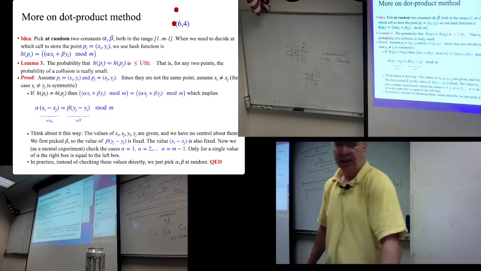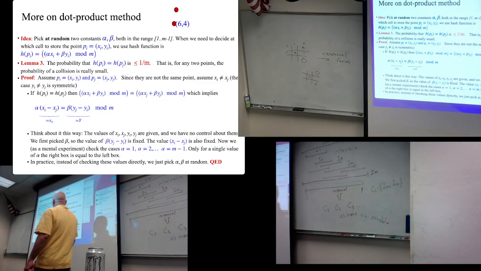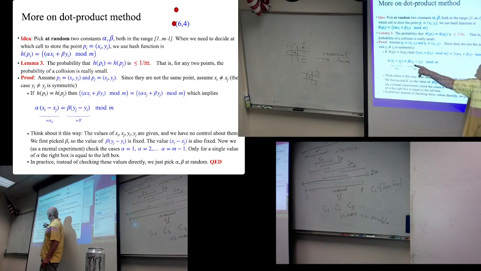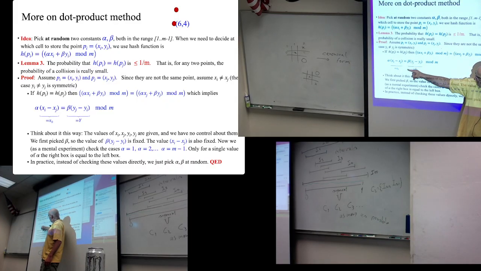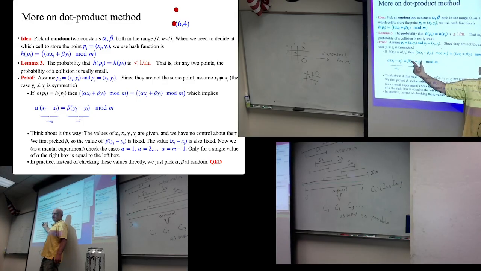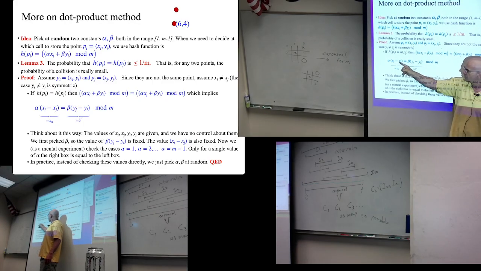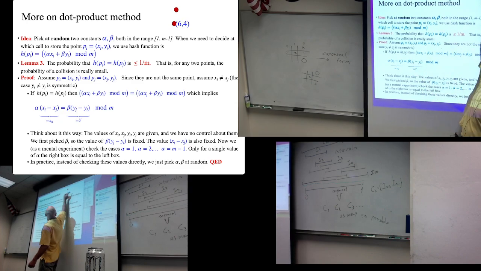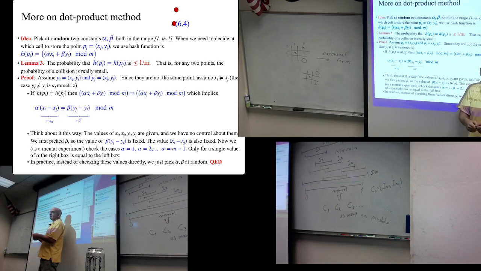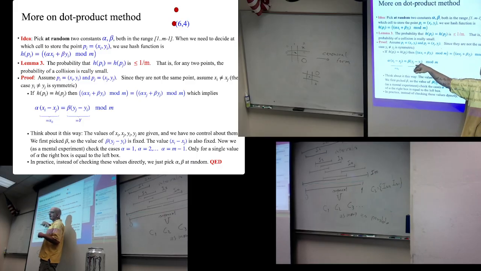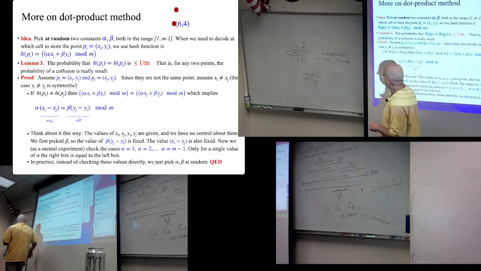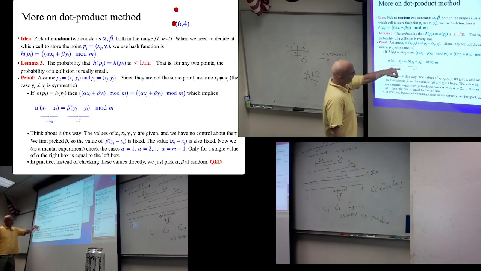And what we proved last meeting is that if I already picked beta, yi and yj are part of the input. I don't have a control over them. I just assume that yi and yj are not the same. Because the 2 points or the 2 keys are not the same, then they are different either in the yi or in the xi, but in at least one component they are different.